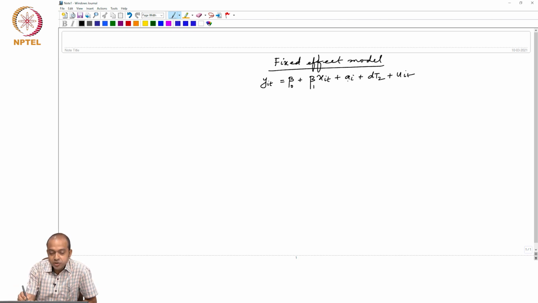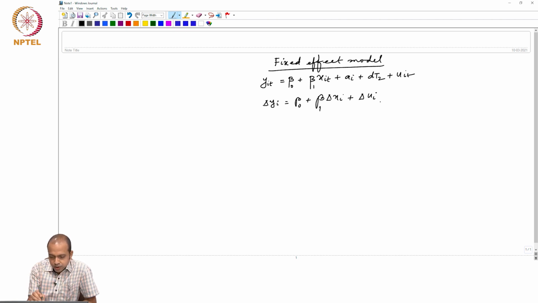And then we said that to remove this ai, we took the first difference of this model, and then ultimately our model became delta yi equals some constant beta 0 plus beta 1 delta xi plus delta ui, where delta yi means basically yit minus yit minus 1, delta xi means xit minus xit minus 1, and delta ui means uit minus uit minus 1.